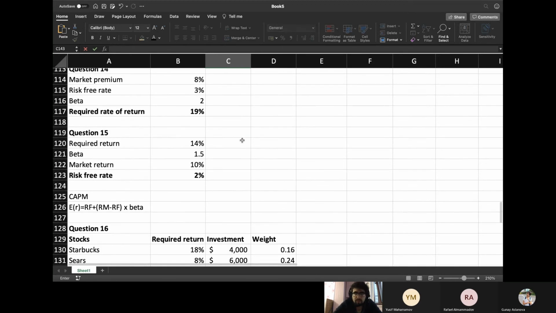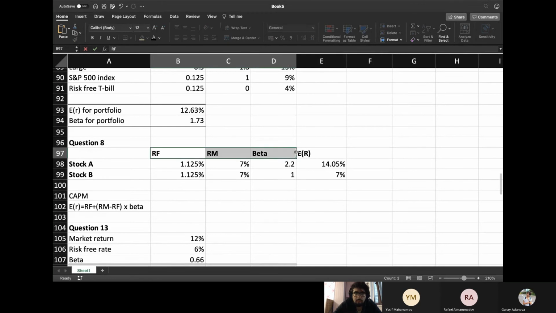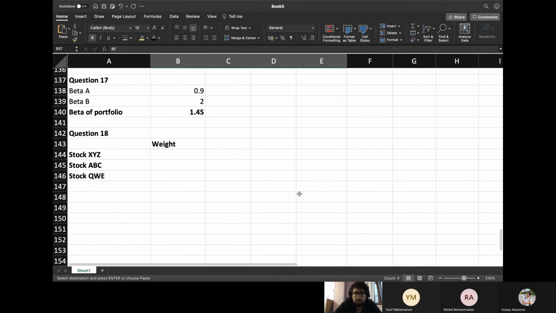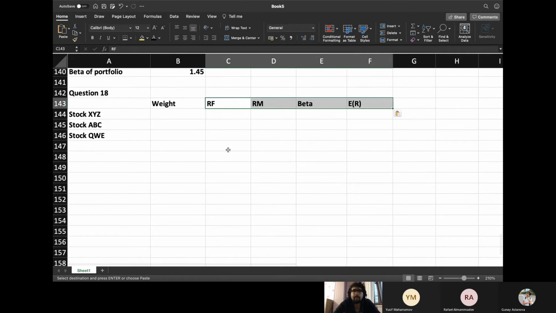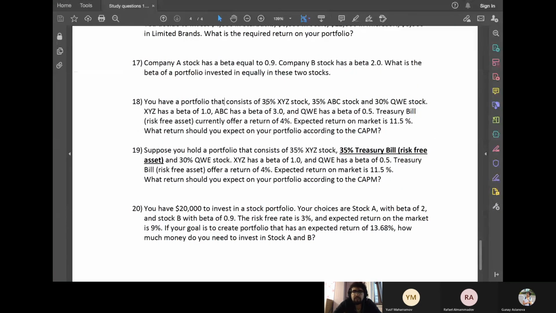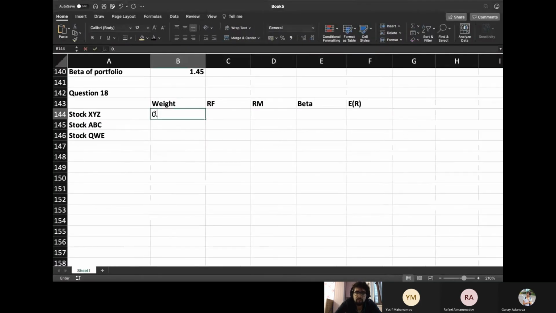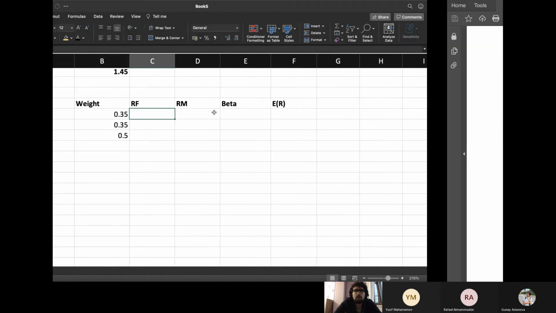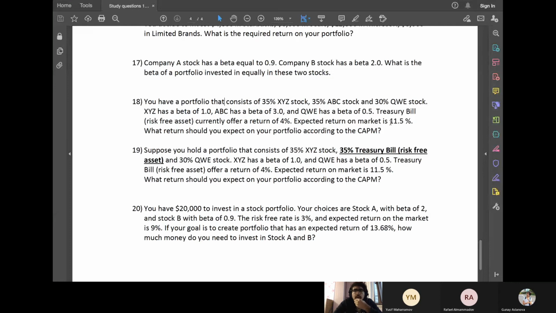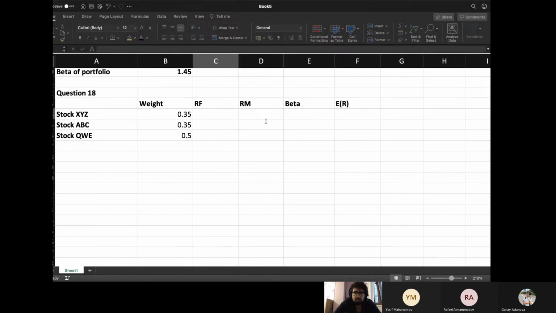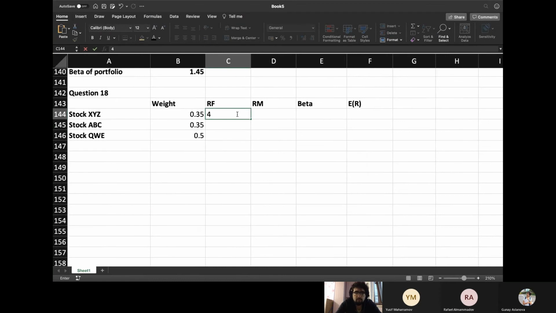Let me copy it from here. The weight of XYZ is 35%, 35% for ABC, and 30% QVA. A Treasury bill currently offers a return of 4%, so the risk-free rate is 4%.